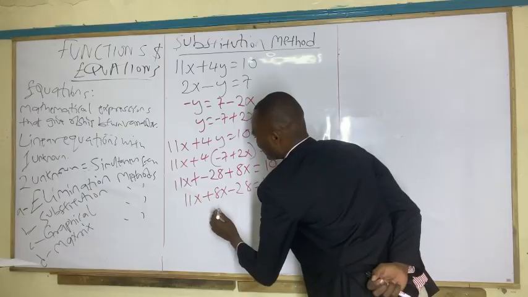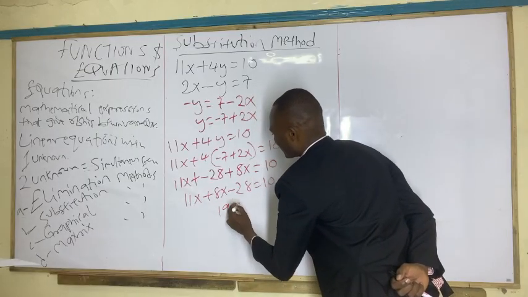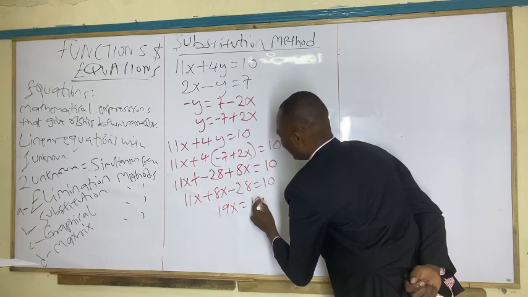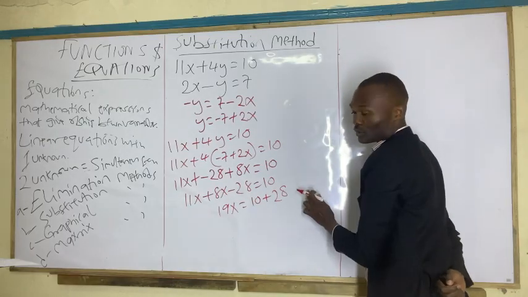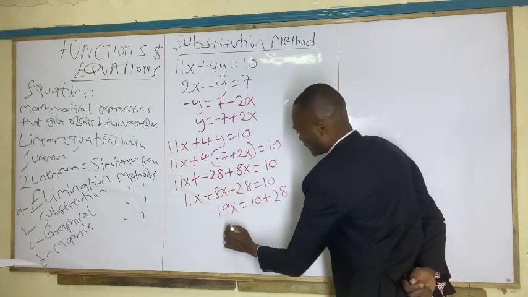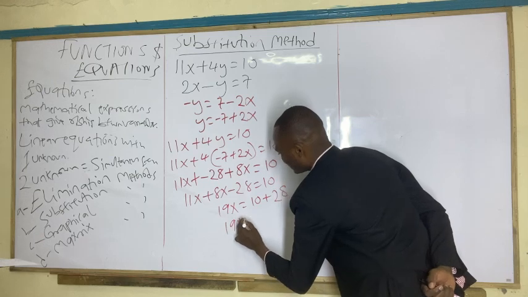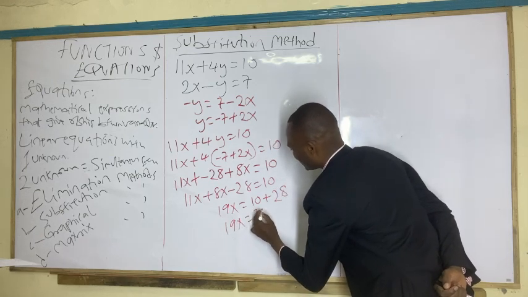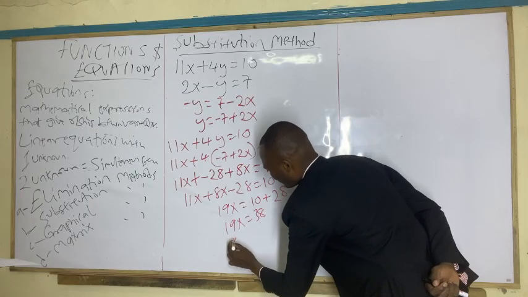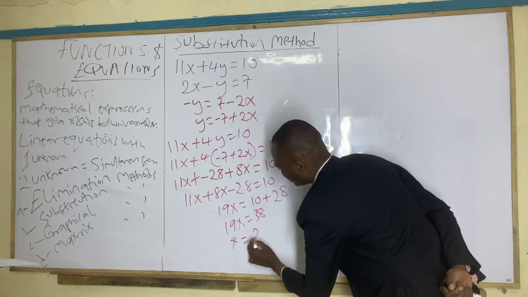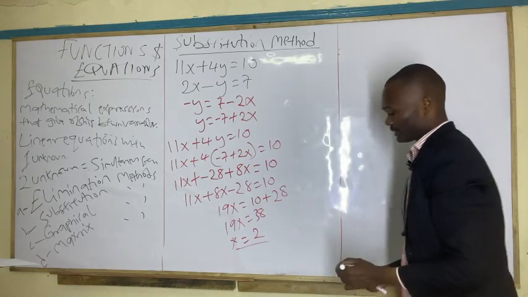Then 11 plus 8 is equals to 19x is equals to 10 plus 28. It's a negative. If it crosses over, it becomes a positive. So 19x is equals to 38. So x is equals to 2. We'll divide it.